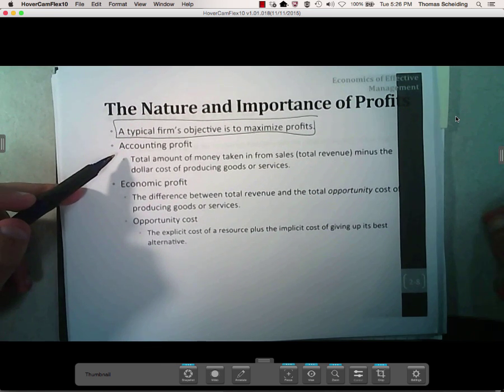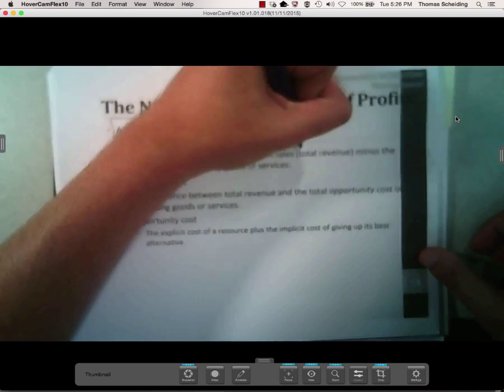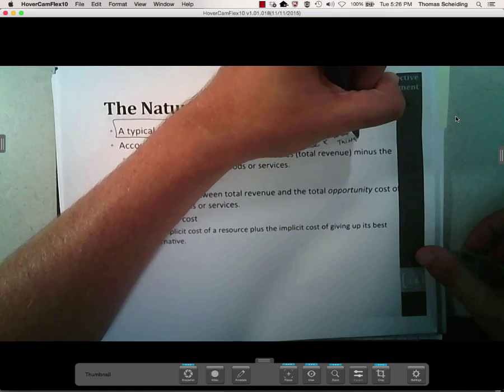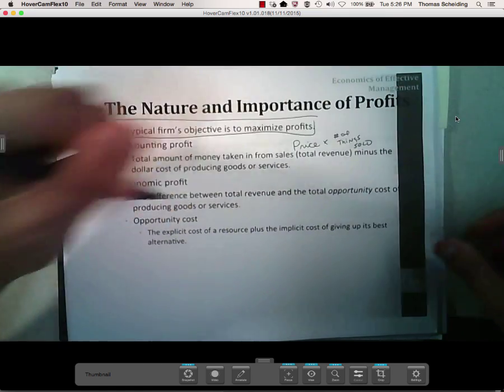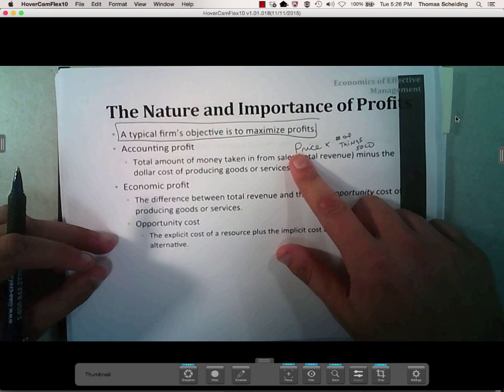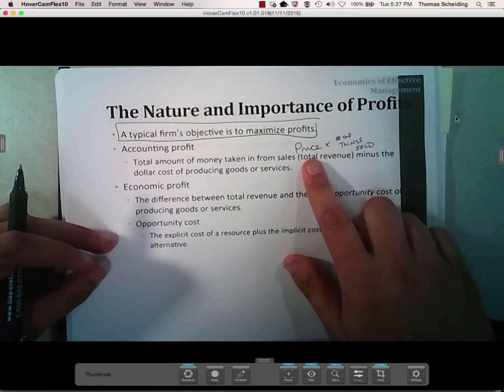The accounting profit would mean I'm just comparing my revenue, or basically the price times the quantity. Let's say I'm selling t-shirts and I sell 5,000 t-shirts at $5 a piece. Well, that would be, in this case, $25,000, right? 5,000 shirts at $5 a piece.